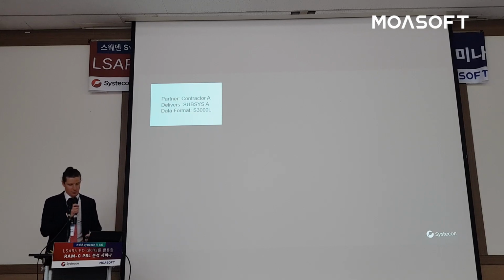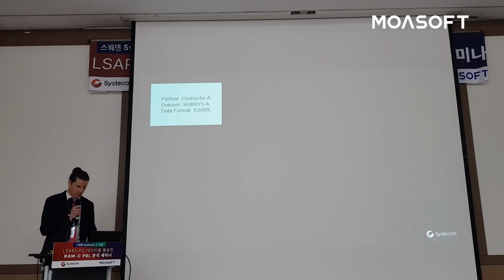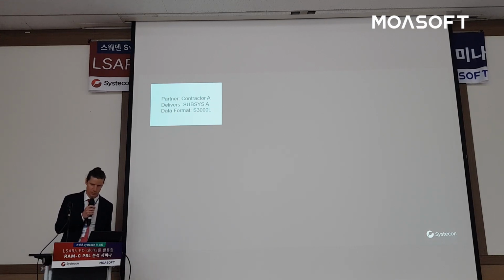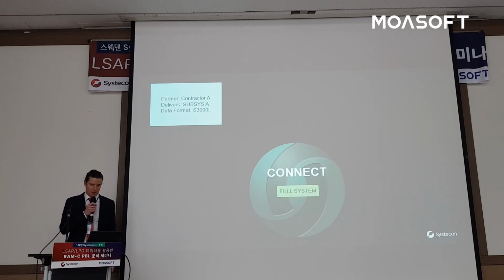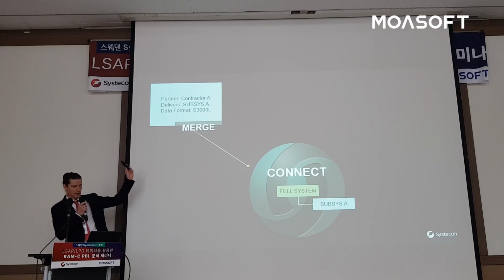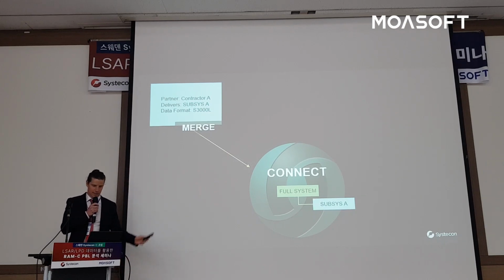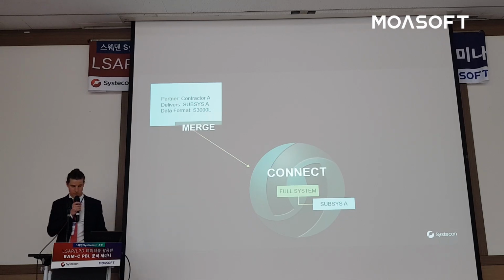Let's say that we have a partner that we call contractor A, and they're providing us with a subsystem A. The data comes in the S3000 format. And we, as the system provider, use Opus Suite Connect and build a full system model. So when we get that S3000 data, we merge it into Connect and put it into the full system model.